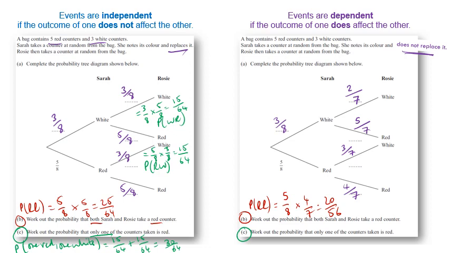Calculating when only one of them is red, so again we could have the first one white, the second one red, or we could have the first one red, the second one white.